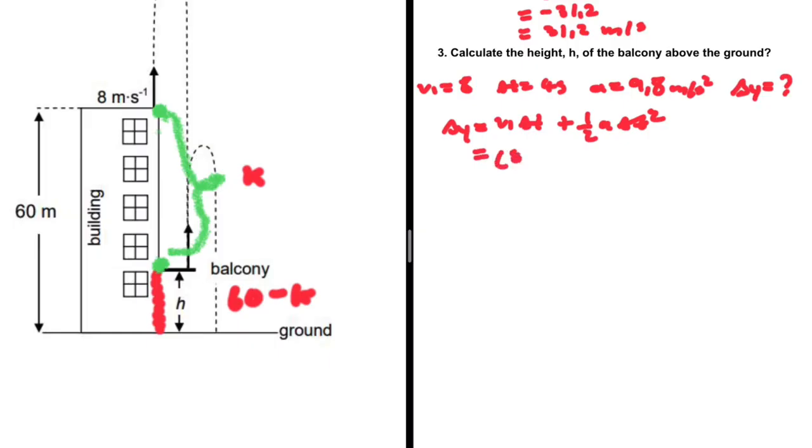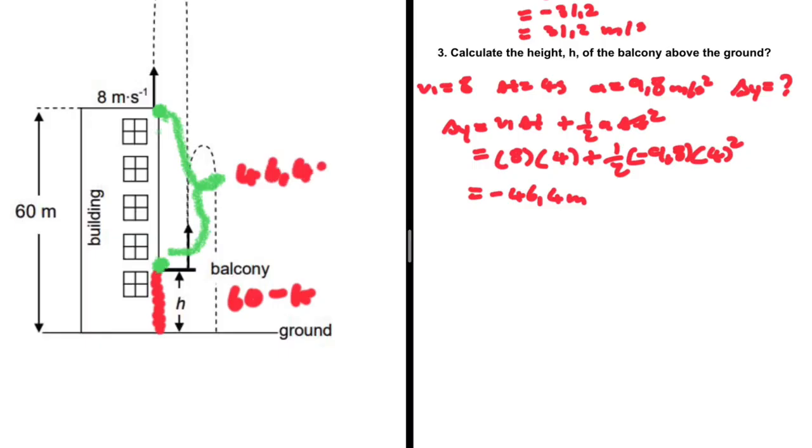Vi, that is 8, we're taking up as positive. Change in time 4, plus a half, acceleration is minus 9.8, times 4 squared. This is equal to minus 46.4 meters. The displacement of our projectile is minus 46.4 because we are taking up as positive.